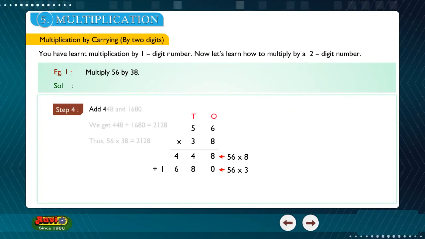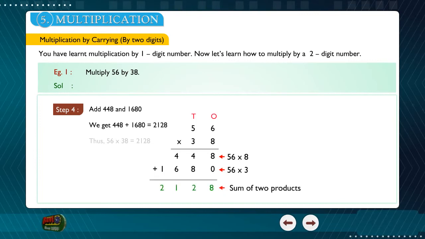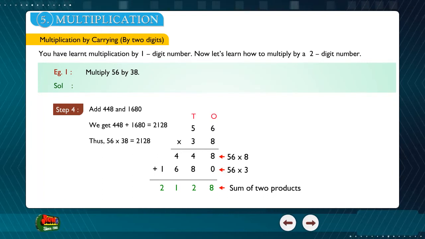Add 448 and 1680. We get 448 plus 1680 is equal to 2128. Thus 56 into 38 is equal to 2128.